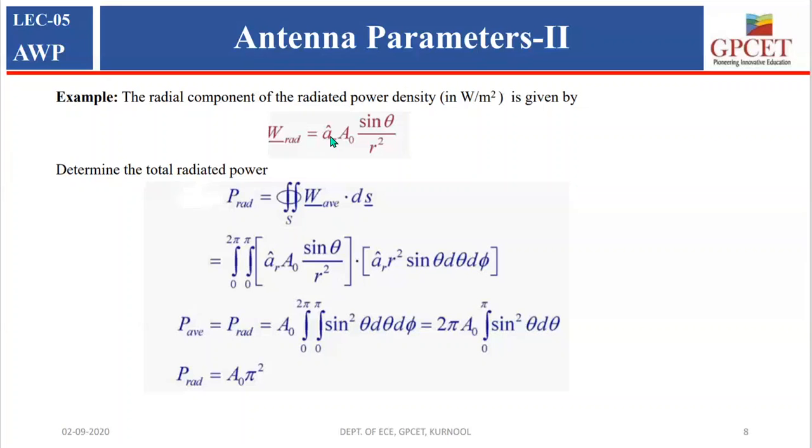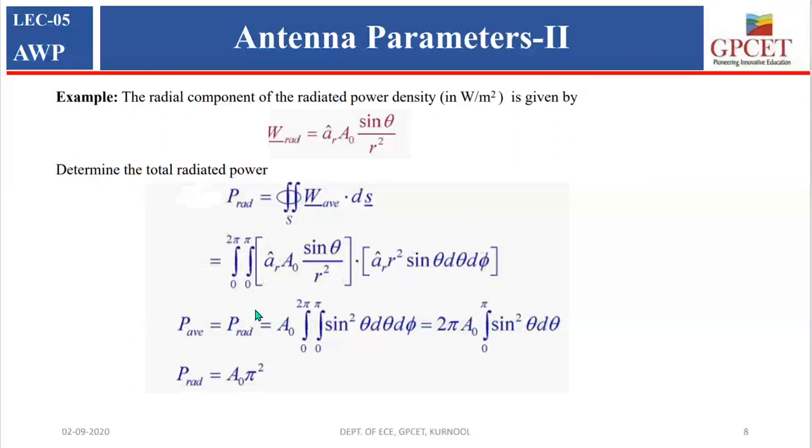I already told this equation two or three times in the previous classes. If you simplify this equation, you will get A_0 pi square. This is the total power radiated.